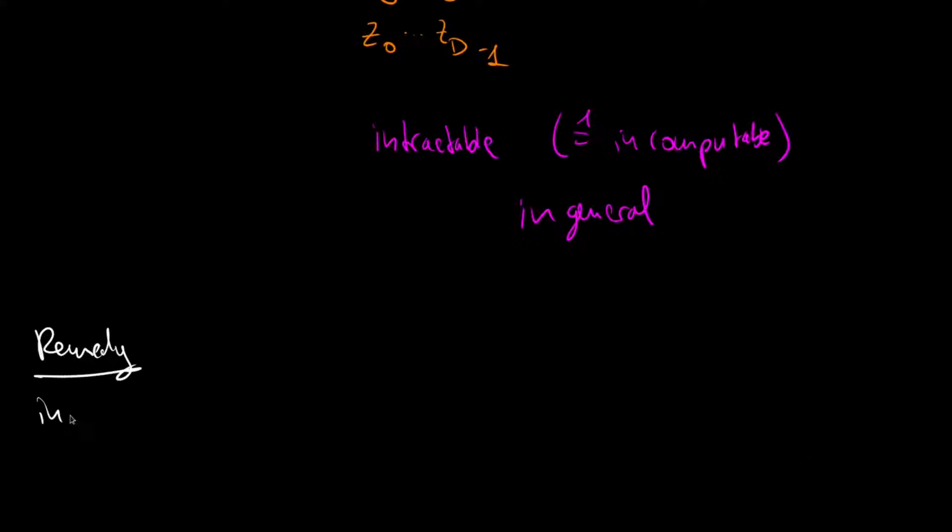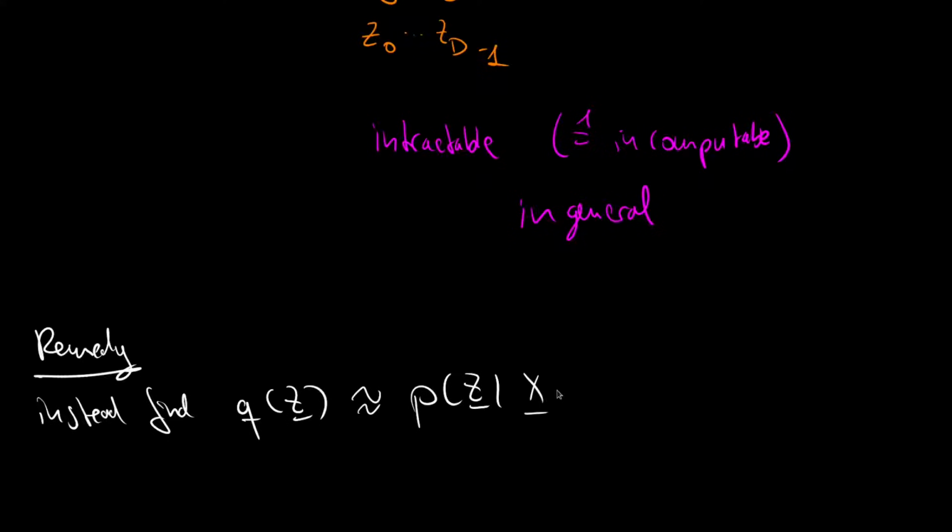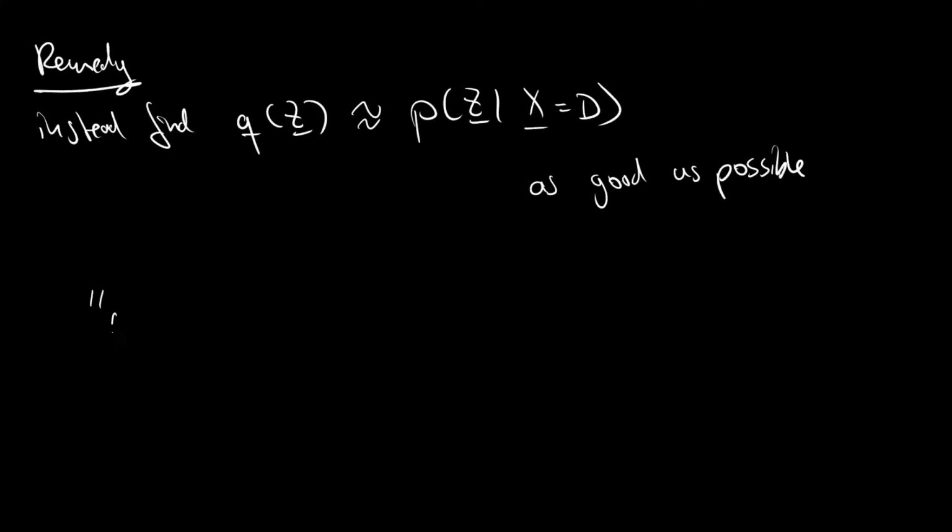This means that instead we find a Q of Z that is approximately P of Z under X observed, with the data D. And we want to find this as good as possible. Here we also see where the second term in variational inference comes from, because that's a variational problem, and variational comes from variational calculus, because we want to optimize over functions.